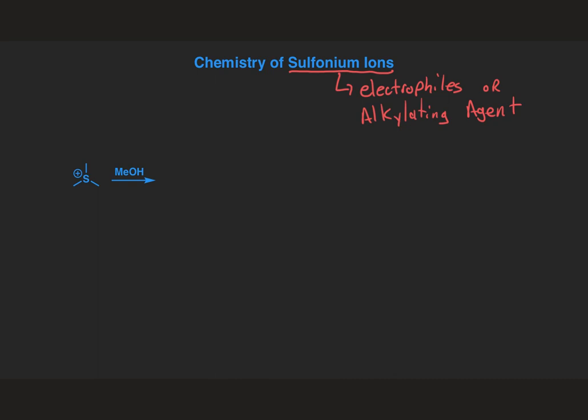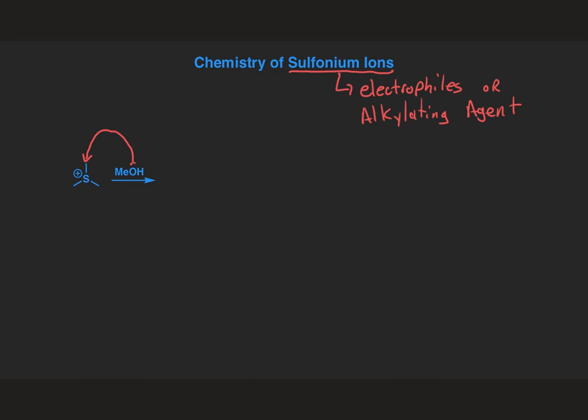And so in this example, we have a simple sulfonium ion, a sulfur with 3 methyl groups on it, reacting with methanol. And methanol is going to be our nucleophile in this case. It's got some electrons on oxygen, and those electrons are going to attack the carbon of one of the methyl groups on sulfur. It doesn't matter which one in this case because they're all the same.